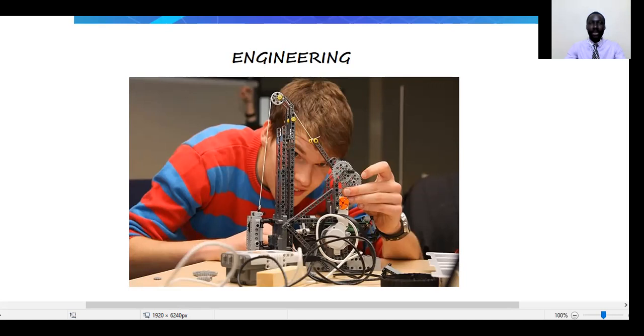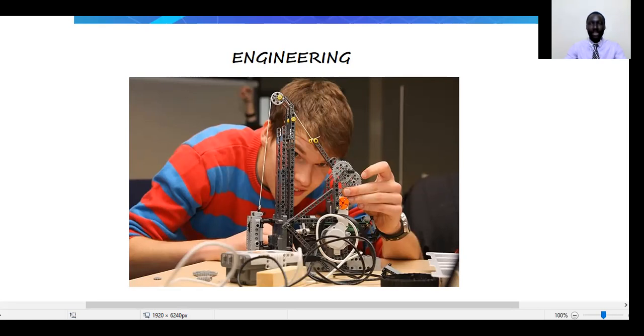Agricultural engineering, when we apply engineering in agriculture, and space studies and stuff like that. So yes, trigonometry can be applied in the different fields of engineering.